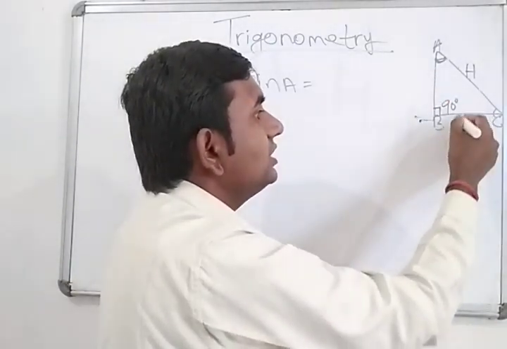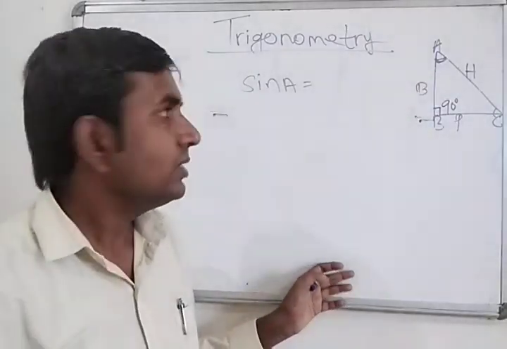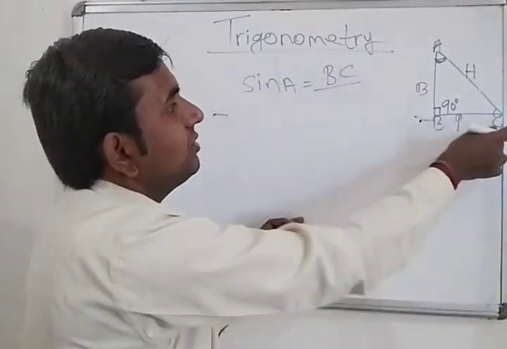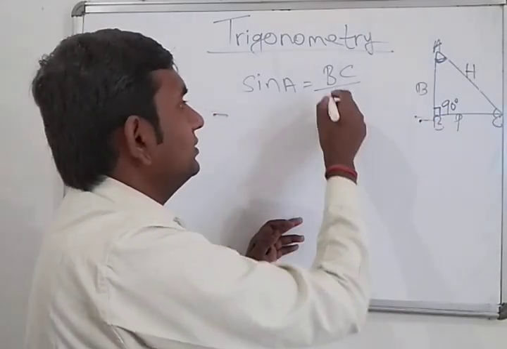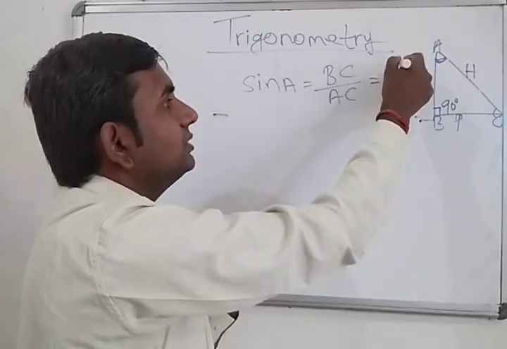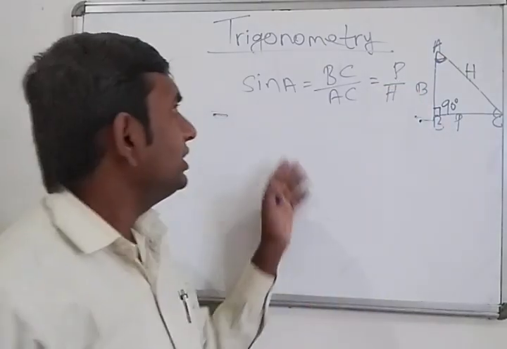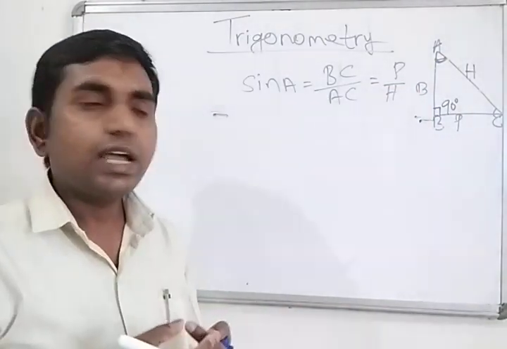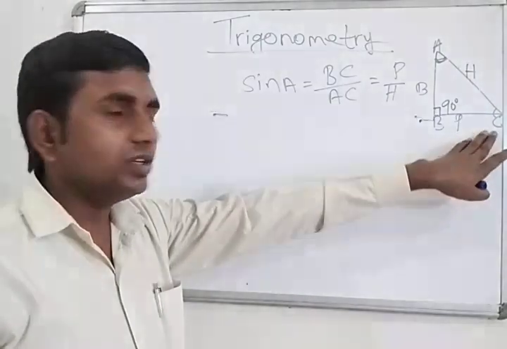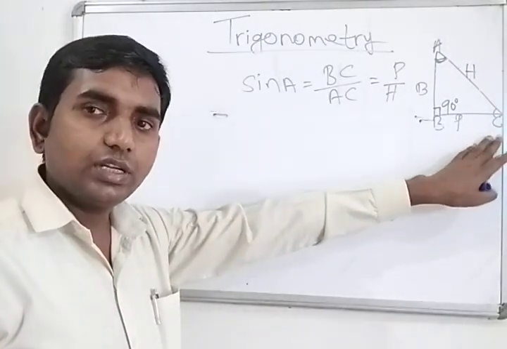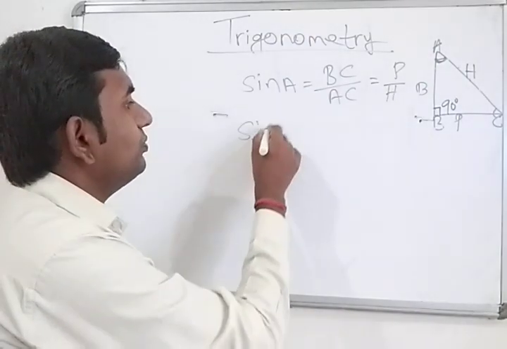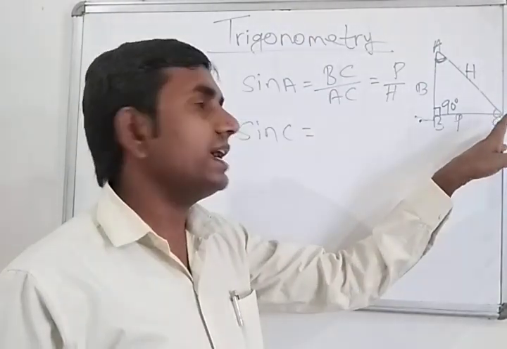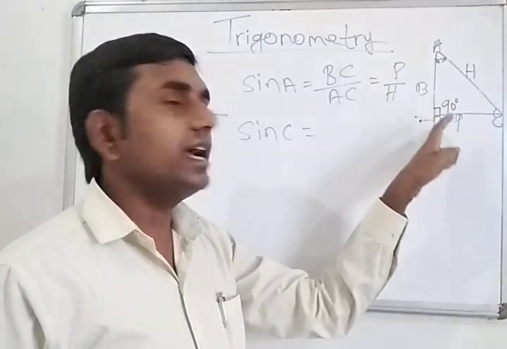So here it is P and this is B. In this form it becomes BC by AC, which means P by H. That is sine A. But if you want to find sine C, in comparison to this acute angle C, the opposite side of angle C is AB, so it becomes the perpendicular.